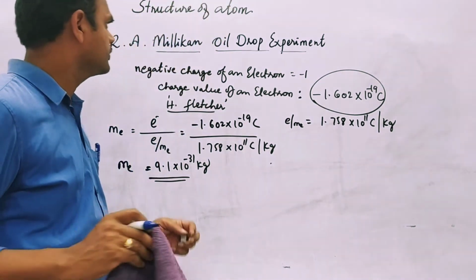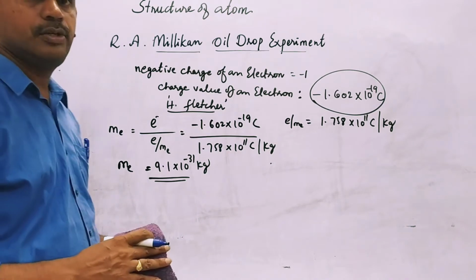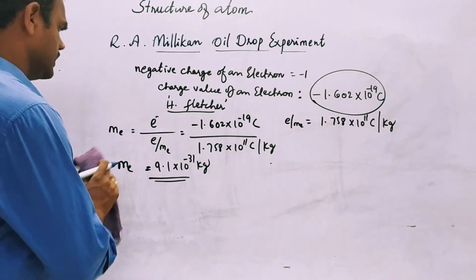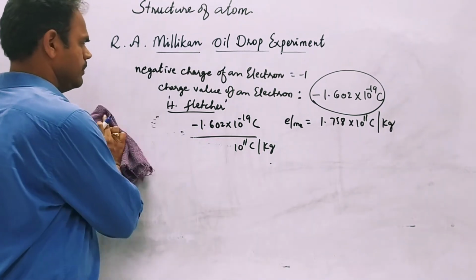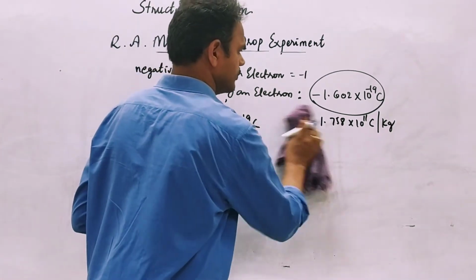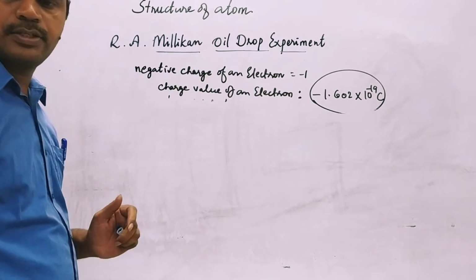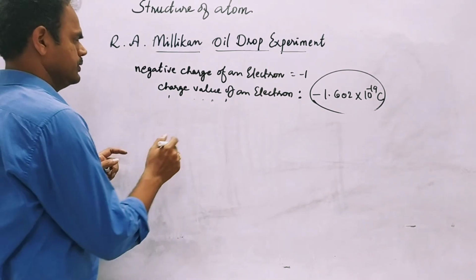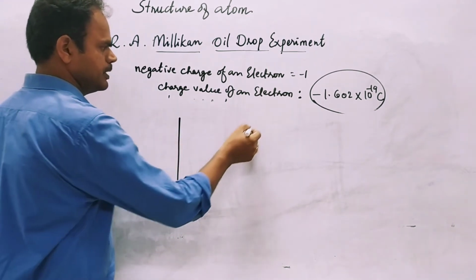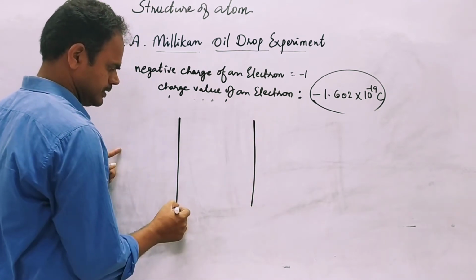Now we'll look into this R.A. Millikan oil drop experiment, how they measured the charge of an electron.